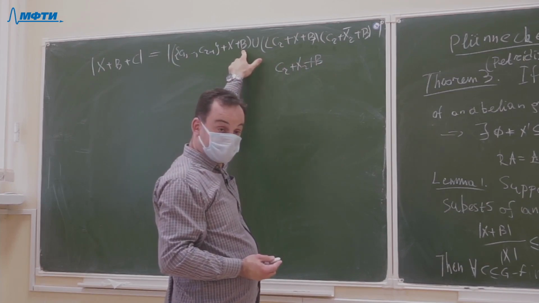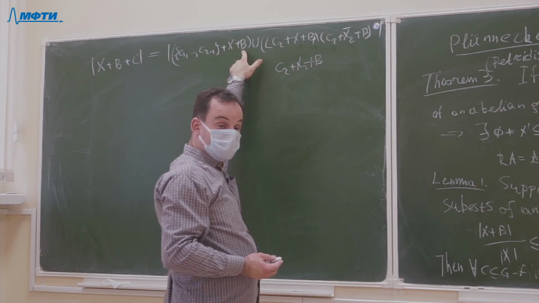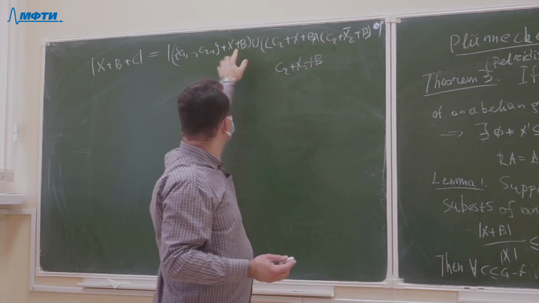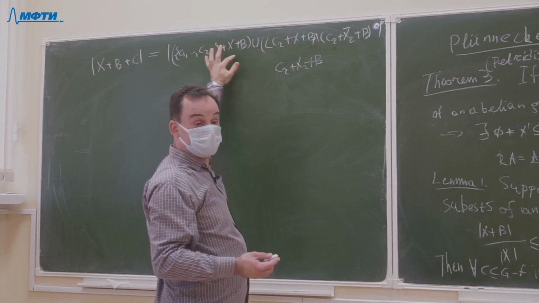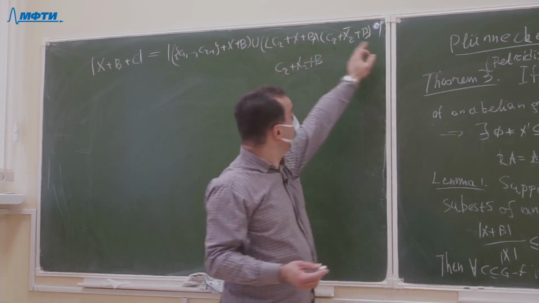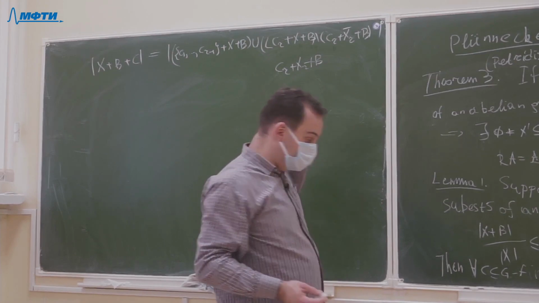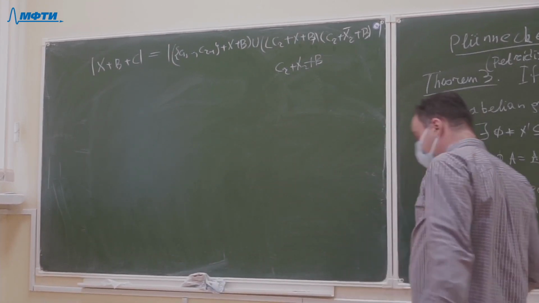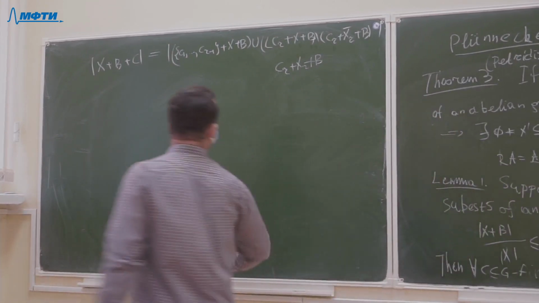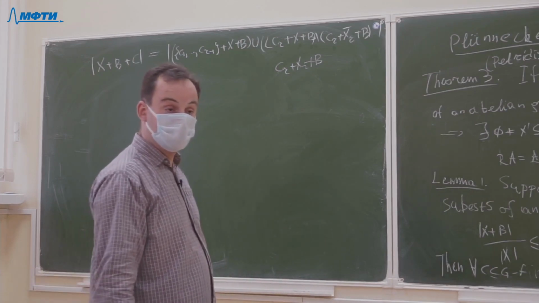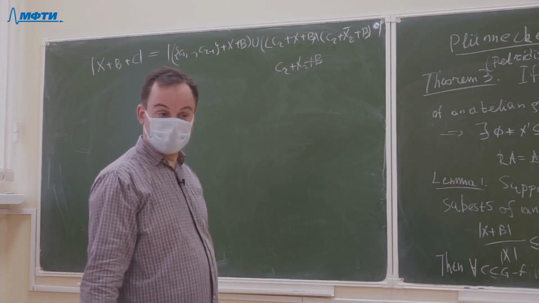This is possible. So how do we remove all the elements outside from this set? We have to remove this subset. Good? Do you understand?